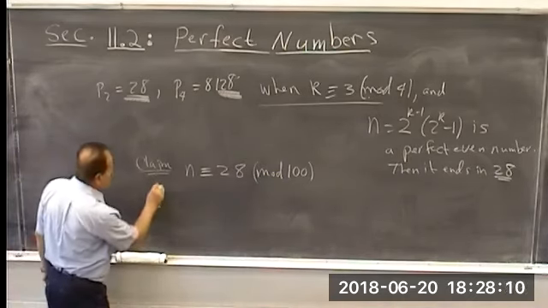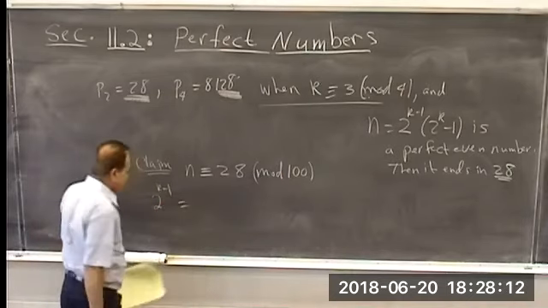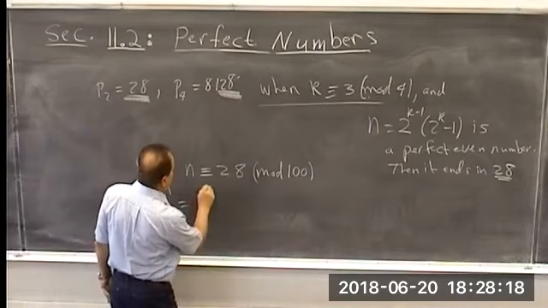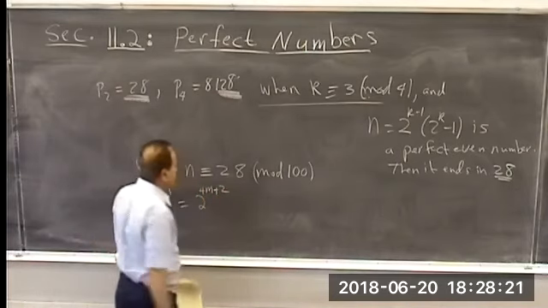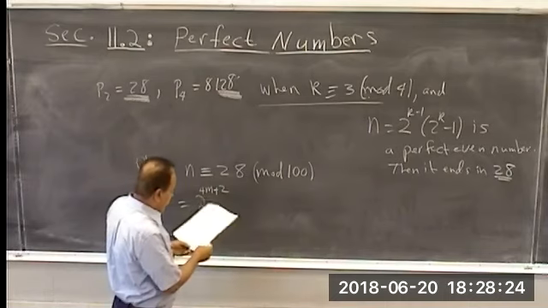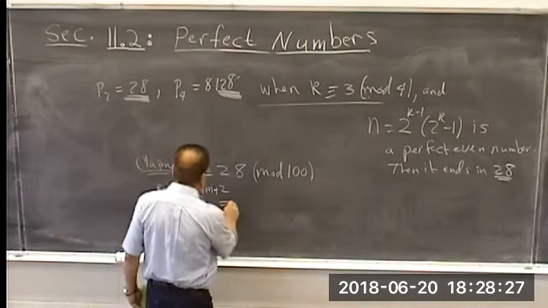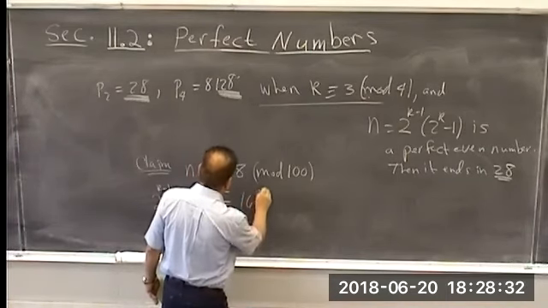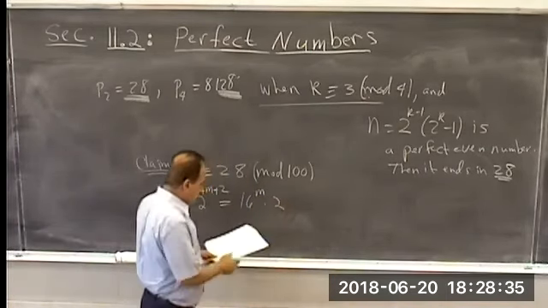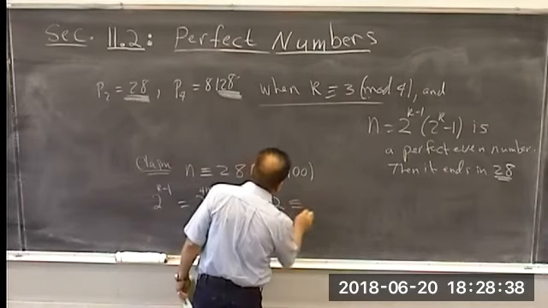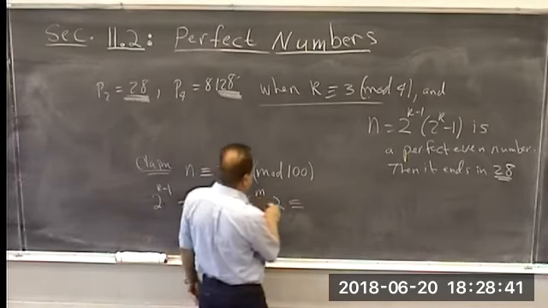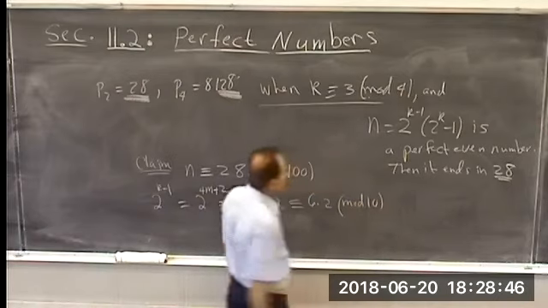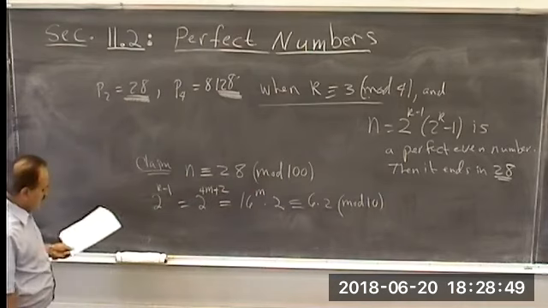And again, we're going to look at 2^k minus 1. This is going to be 2 to the power of 4m plus 2, which is equal to 16 to the power m times 4. Actually, this is 4 in here, not 2 squared. And 16 to the m is congruent to 6 mod 10, so we have this congruence relation.